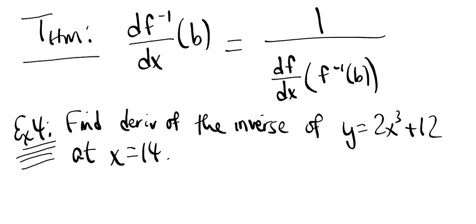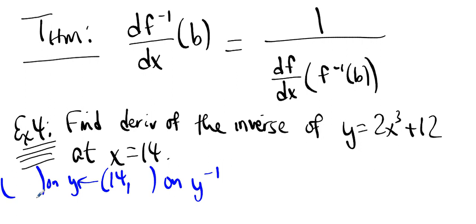There is some point on the inverse function with an x-coordinate of 14, which means that there is some point on the original function with a y-coordinate of 14. That point is (1, 14).